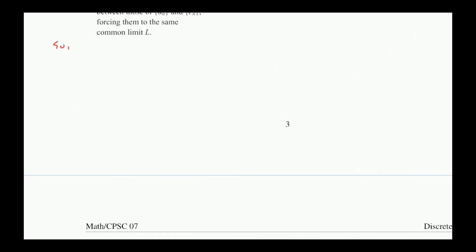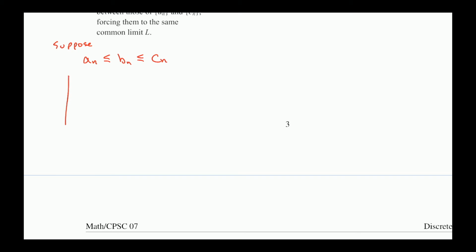So suppose a_n is a small sequence, b_n is a medium-sized sequence, and c_n is a big sequence. And so what that means is that the b_n are always in between the a_n and the c_n.